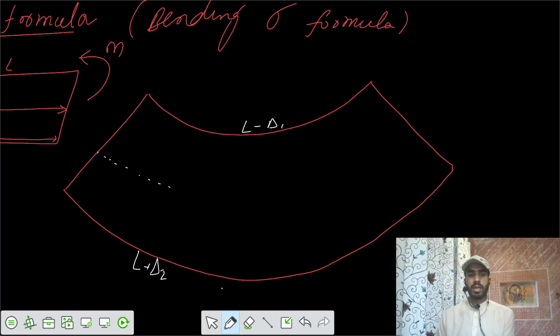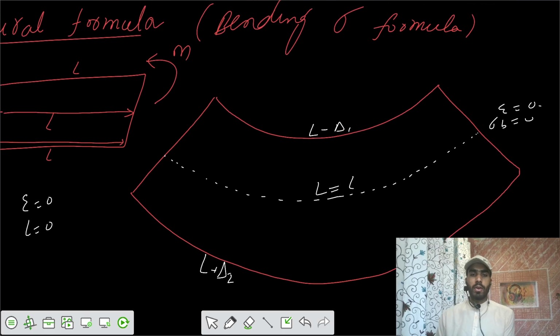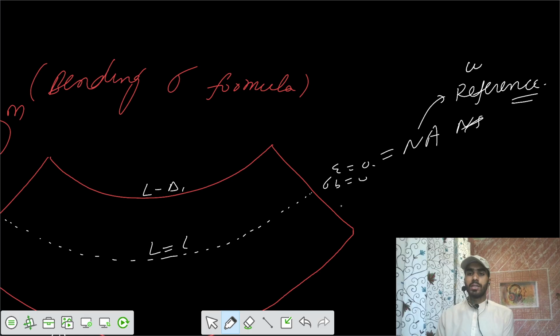So at those points the bending stress or strain is 0, and the length has remained L. We also call this the neutral axis, or neutral surface. Because it does not change length with respect to the original, we can take it as a reference for calculation.